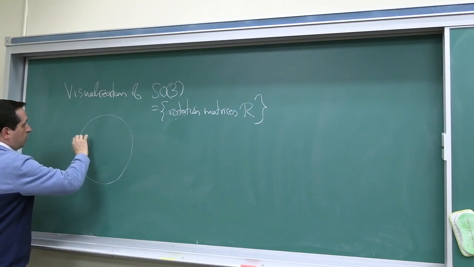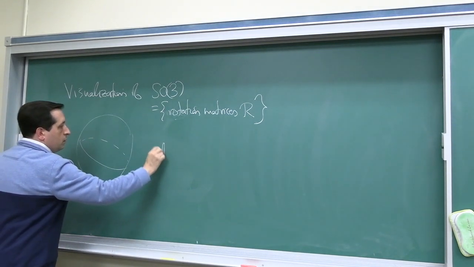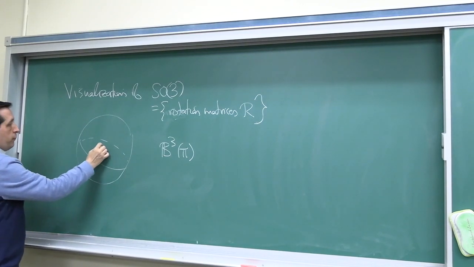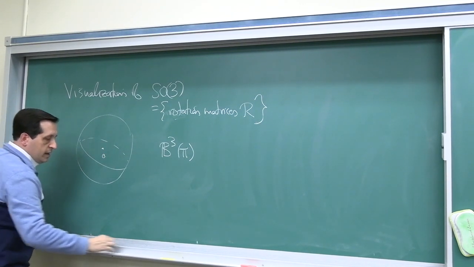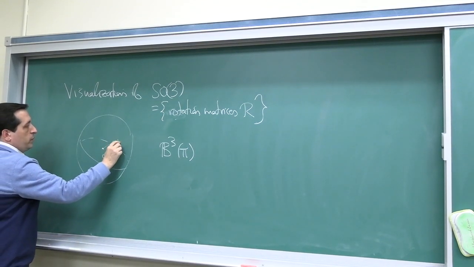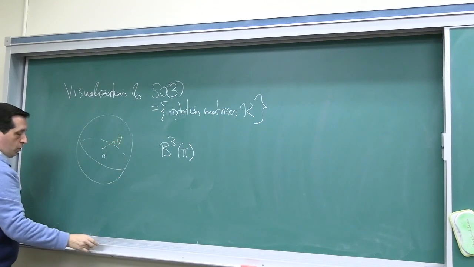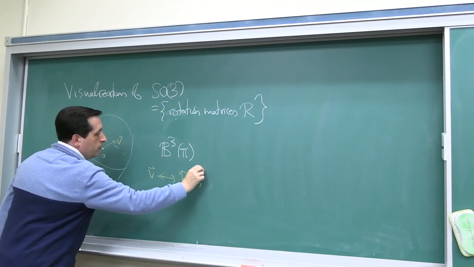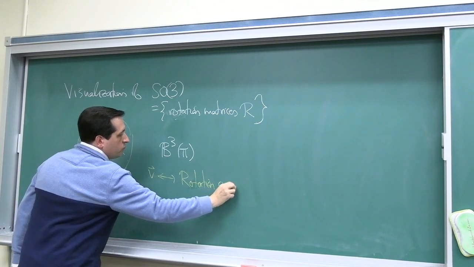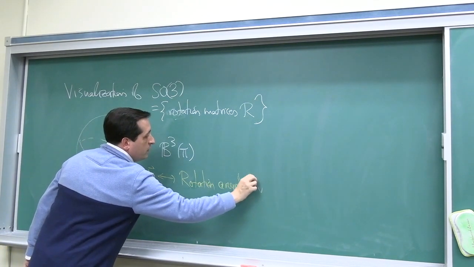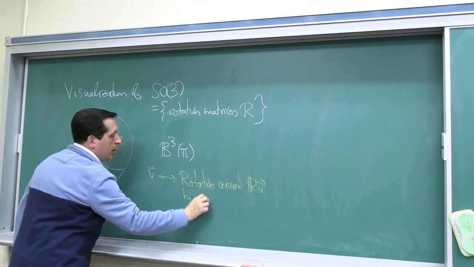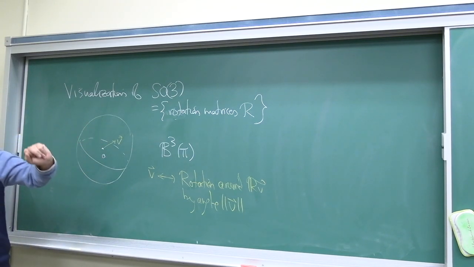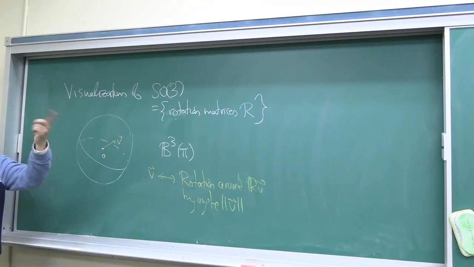So let's consider a solid 3-dimensional ball of radius pi. And for any point in it, let's say here's the origin, and for any point in here, maybe I'll call this V, which is not 0, I'm going to associate to V the rotation around the line through V by the angle length of V. And remember, we set up our convention so we always do the counterclockwise, so there's no ambiguity about which way you go.